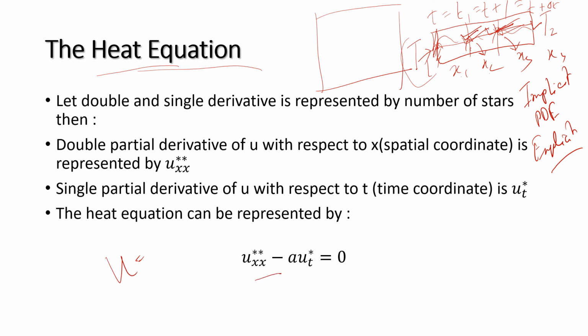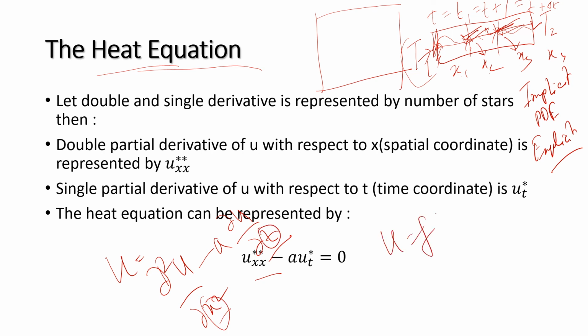Xx represents del square u del x square, X is a space coordinate, minus alpha del u del t. T is the time coordinate. Both x and t are independent. So basically, u is a function of x and t. So when these two will be minimized, then you have a probability that you will achieve the true solution.